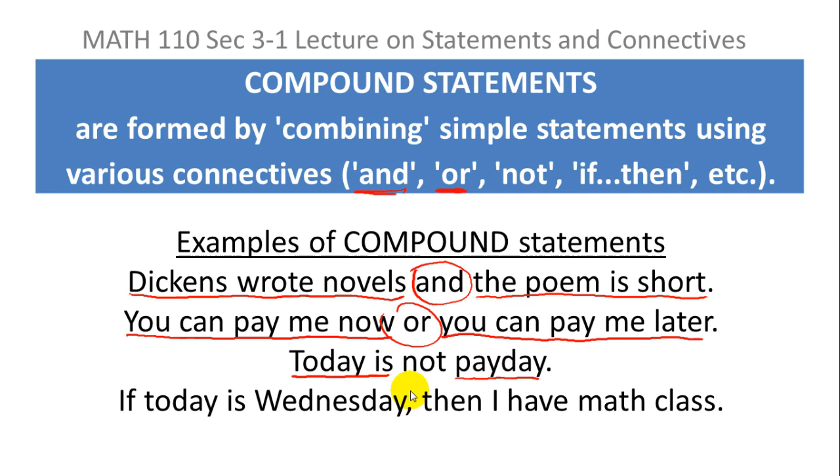We're not delving very deeply, but just leave it to me to say that when you change what is obviously a simple statement, like today is payday, into a negation by adding a not, that is considered to be changing it from a simple to a compound statement. Don't worry too much about why, because we're not delving deeply enough into this to go there. But just remember that not changes it to a compound statement.